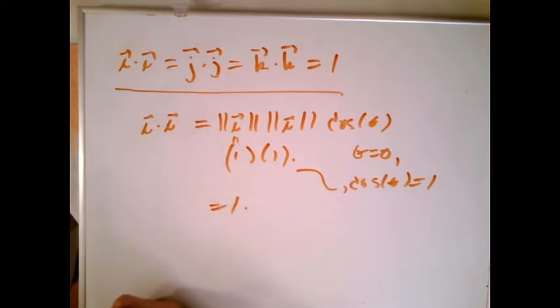The reasoning is just exactly the same for J dot J and K dot K. So actually this is true for any unit vector.